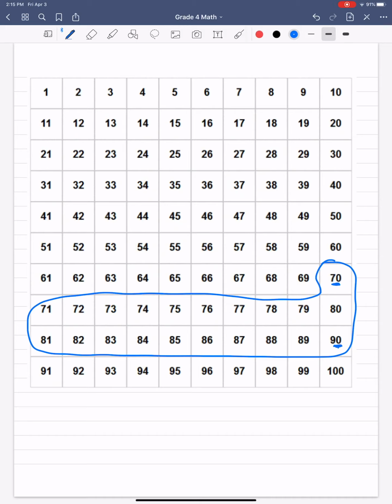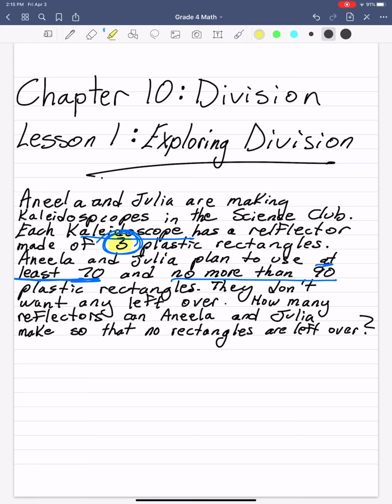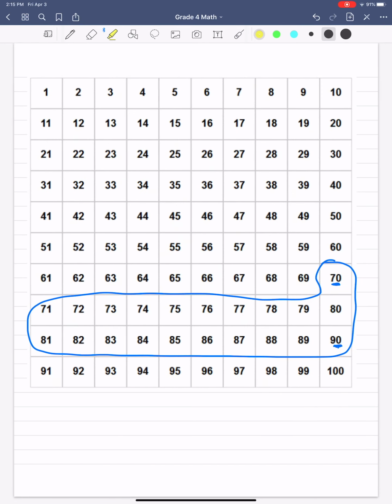So what we're going to do, I'm going to use a highlighter, and I'm going to start counting off groups of 3. The reason I'm doing groups of 3 is because each kaleidoscope has a reflector made of 3 plastic rectangles. So that means 1, 2, 3, that's 1 reflector, 1 kaleidoscope. So I'll count off groups of 3 until I get to somewhere in the blue zone between 70 and 90.